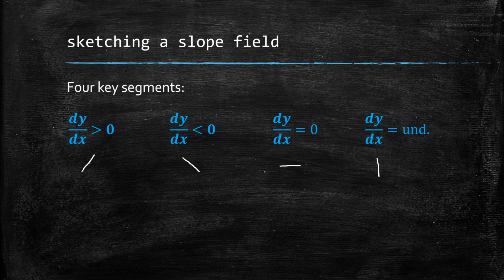So Desmos does not graph vertical tangent lines, but I tend to put them in just to keep track of where the function is not allowed to go. And now, just to be a bit more specific, say this is a positive slope of 1. You may be asked to graph a positive slope of 2, so you just try and make it a little steeper. You're not going to be too specific about it.